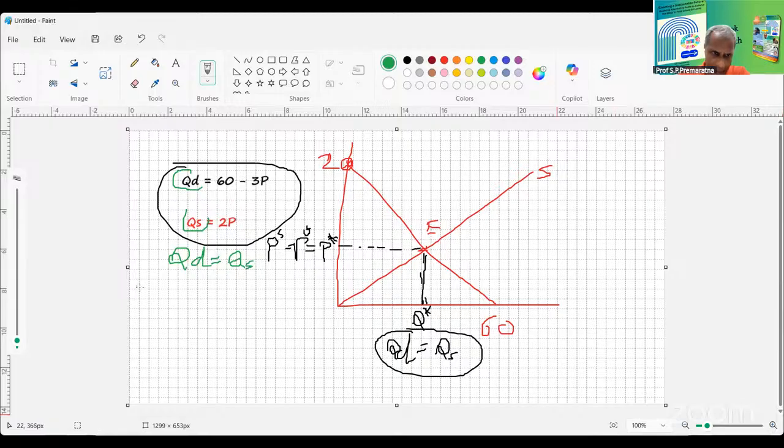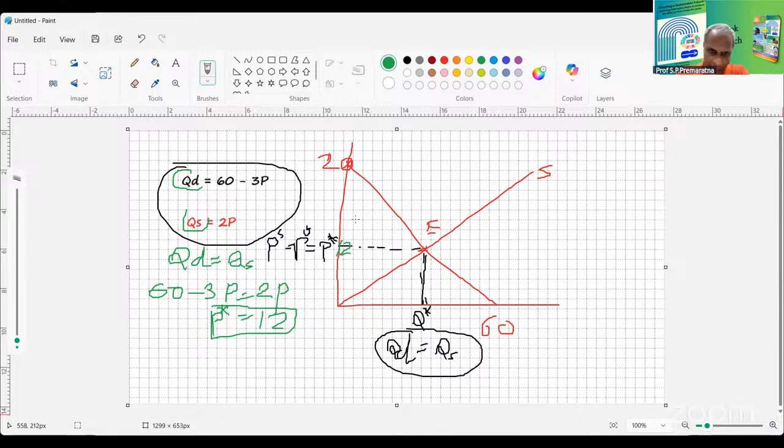Now we know QD is 60 minus 3P, and that equals QS, which is 2P. With this we can find P is equal to 12, which means P star. In other words, the supplier price and buyer price are both the same, that is 12. The market price, or equilibrium price, or market clearing price, is 12.